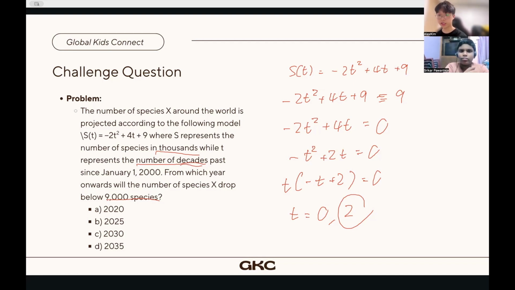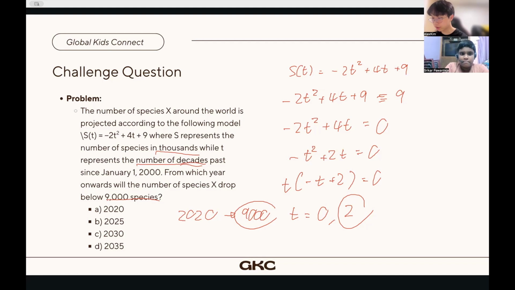So if t is equal to 2, then after 20 years from 2000, so in 2020, there will be exactly 9,000 population for the species X. However, we need a value that is slightly greater.